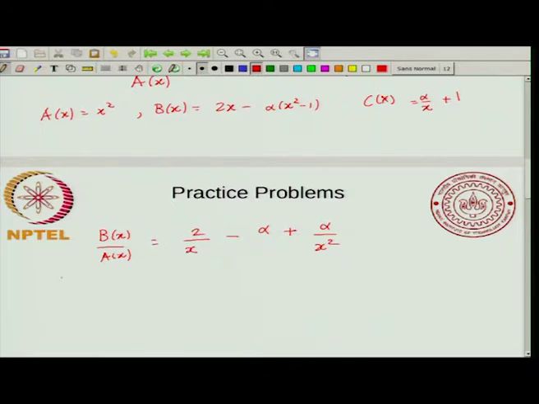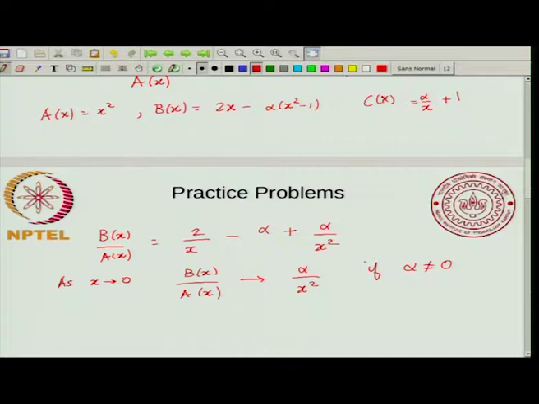As x tends to 0, b by a tends to alpha by x square if alpha is not equal to 0. As x goes to 0, alpha by x square is much greater than 2 by x. This goes as 1 by x, this goes as a constant, whereas this is going to infinity.